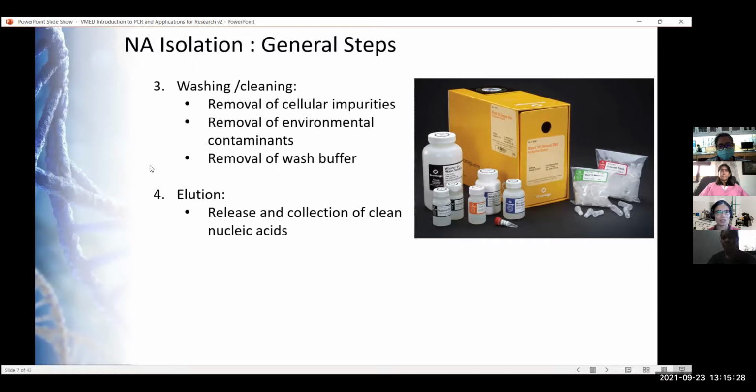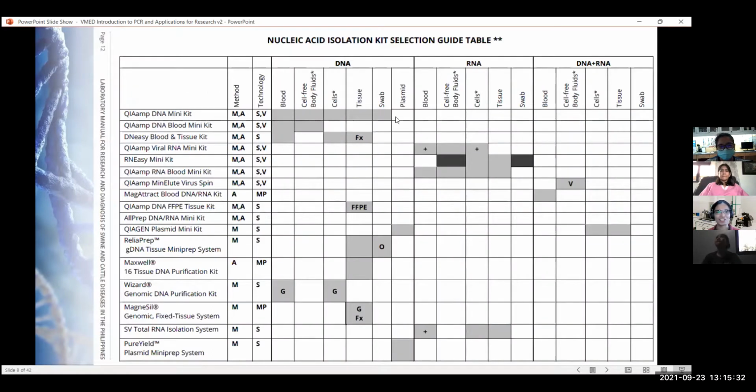Okay, next. So don't be overwhelmed. This is just a chart showing the different DNA and RNA isolation kits available in the market. So you have different brands here. You have different purposes. So the point of this table is just to show you that different kits have different purposes, and they also have different types.